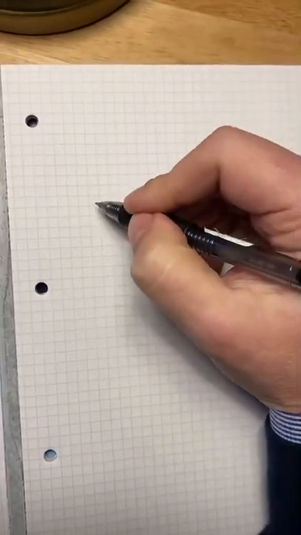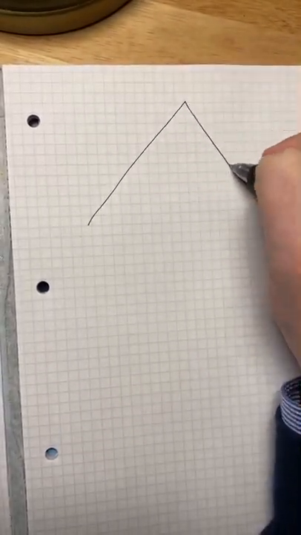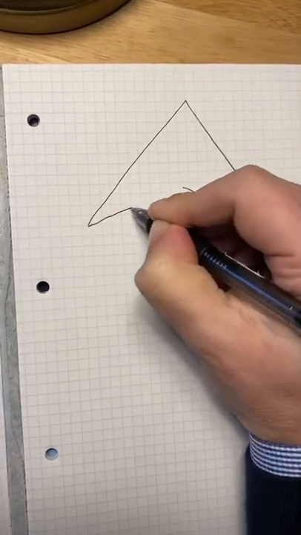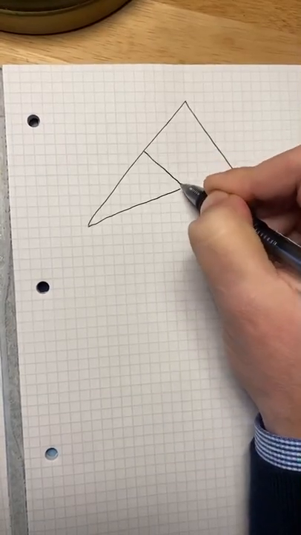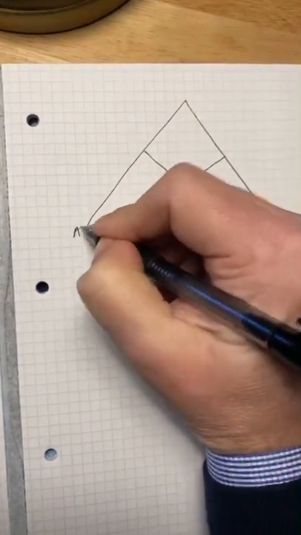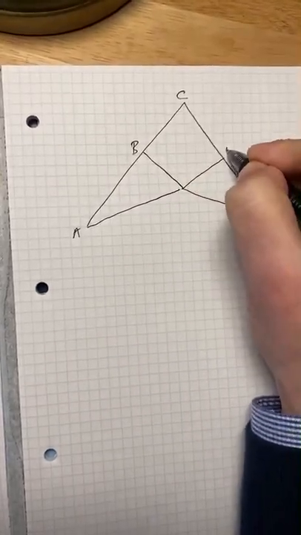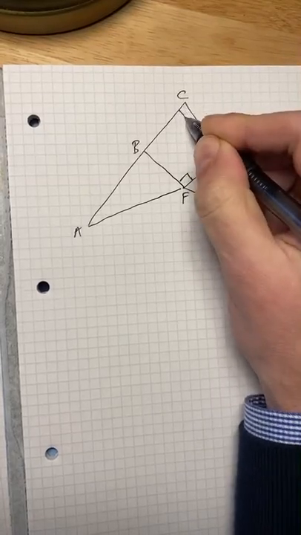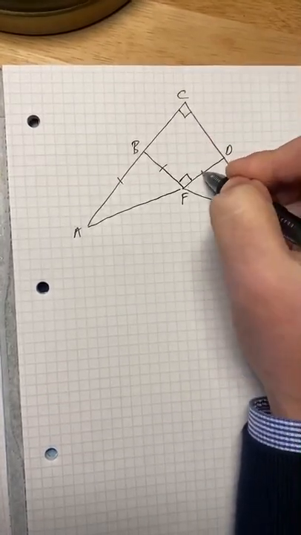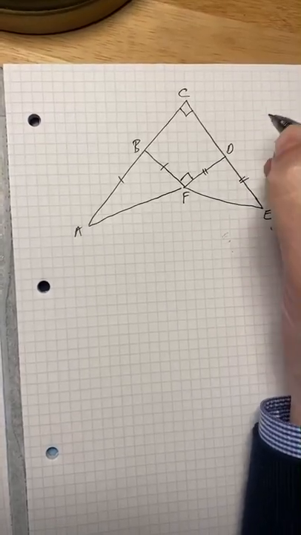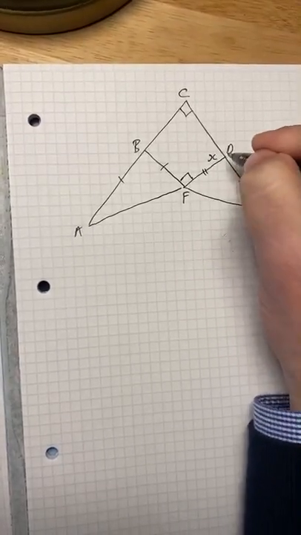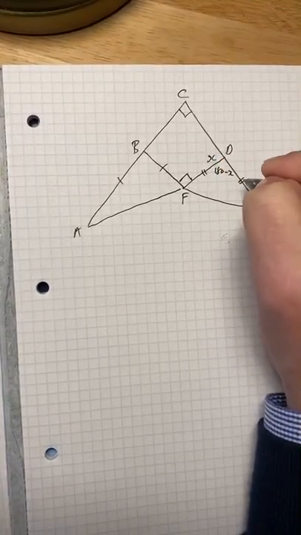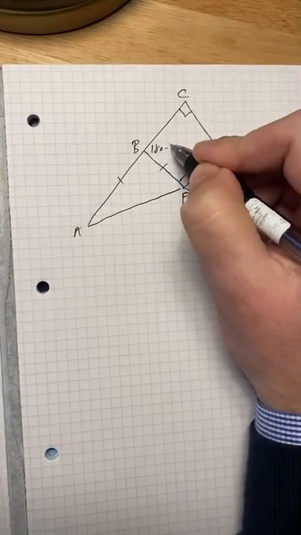And let's, might as well draw the diagram again. And this time, rather than write out the reasons, I'm going to sort of add them on. So you've got A, B, C, D, E, F, right angle, isosceles 1, isosceles 2. Now x, we know that's 180 minus x, and we know that's 180 minus x.